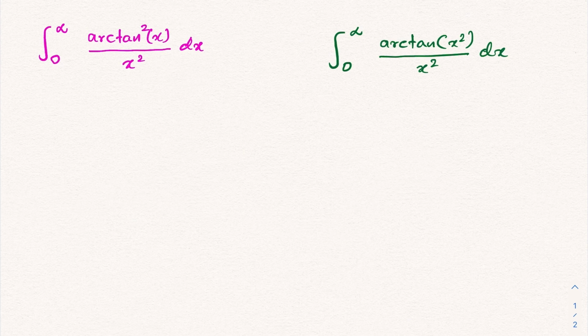We can begin with integration by parts. So here, integral from 0 to infinity. Now as a first function I am going to take arctan square of x, then we know d by dx, then integration of 1 over x square.